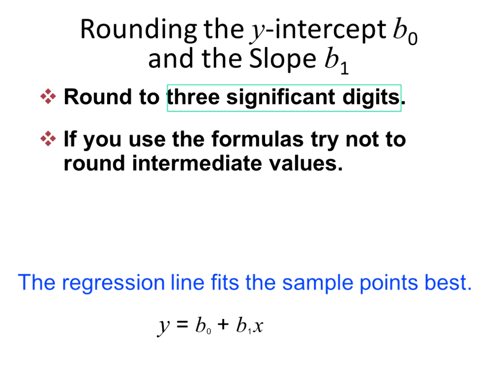And again, this formula is very important. Our regression line is the line that fits the sample points the best, and it's the y-hat. This is the equation of our regression line. That's called the regression equation.